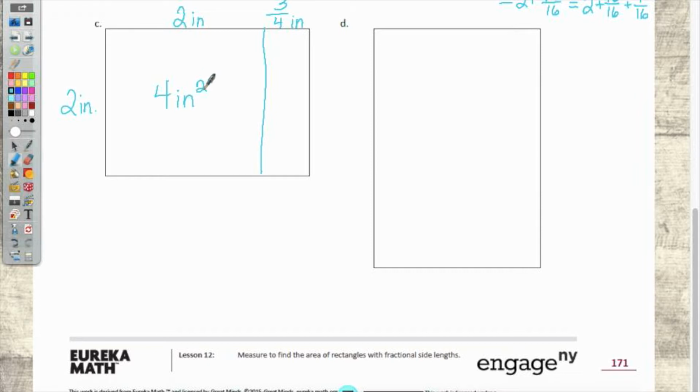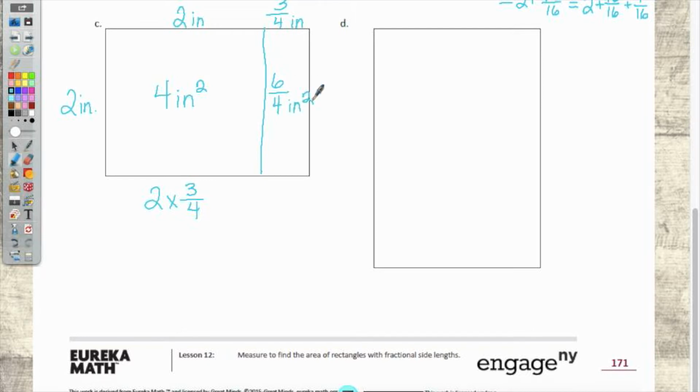Good. And 2 times 3/4. Now think of that as 2 copies of 3/4. Now I'm going to write it down so you can see it. Do I change my denominator? No. So 2 times 3, 6/4. Good.